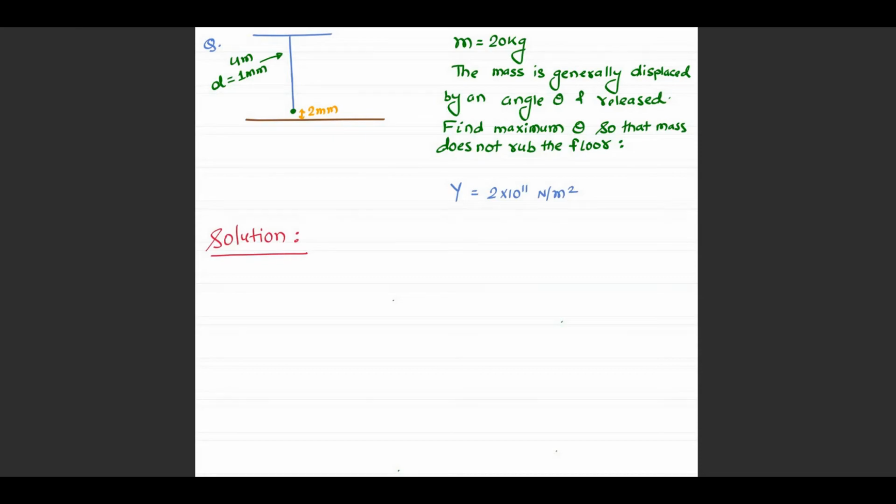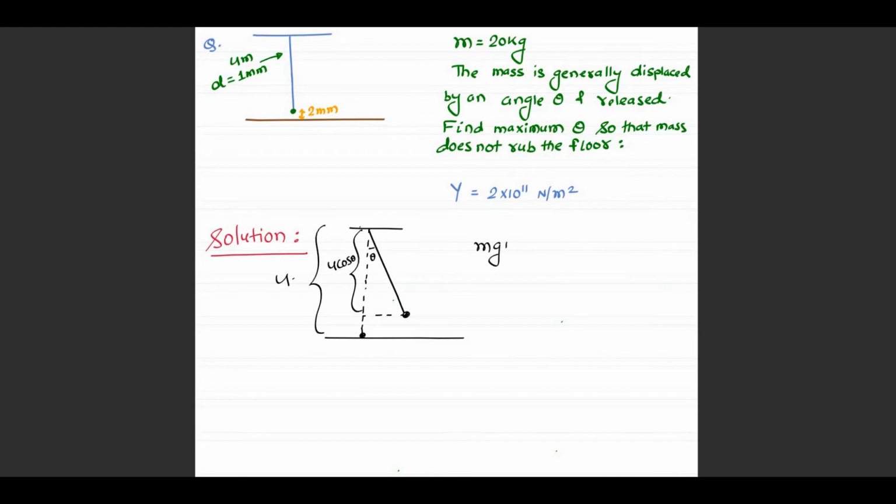Now in this question then, say I start from a situation wherein I start from an angle theta, and maximum to maximum this can go down till here. So can I say this length is 4 cos theta? This length is 4 meter plus 2 millimeters, but I can roughly write that as 4 meters only.